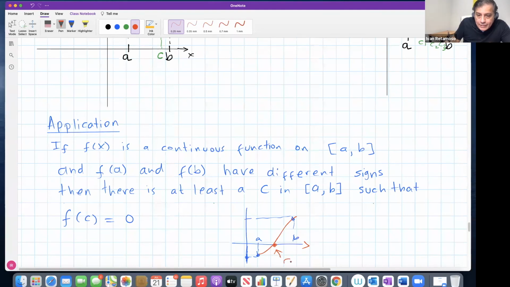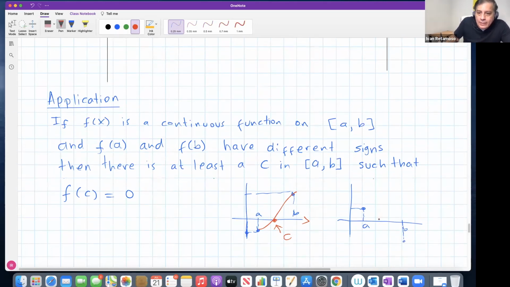It has to hit the x-axis. This is the c. This is one scenario. The other scenario is this. If the evaluation at a is positive, let's say a here, f of a, and the evaluation at b is negative, say down here, well, since your function is continuous, no matter what, it has to hit the x-axis at some value c.